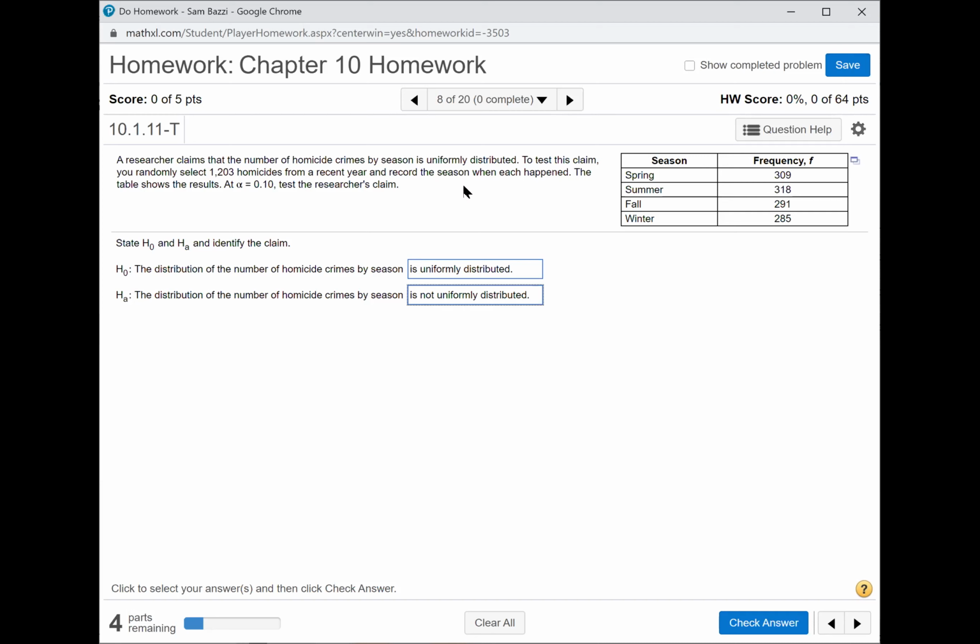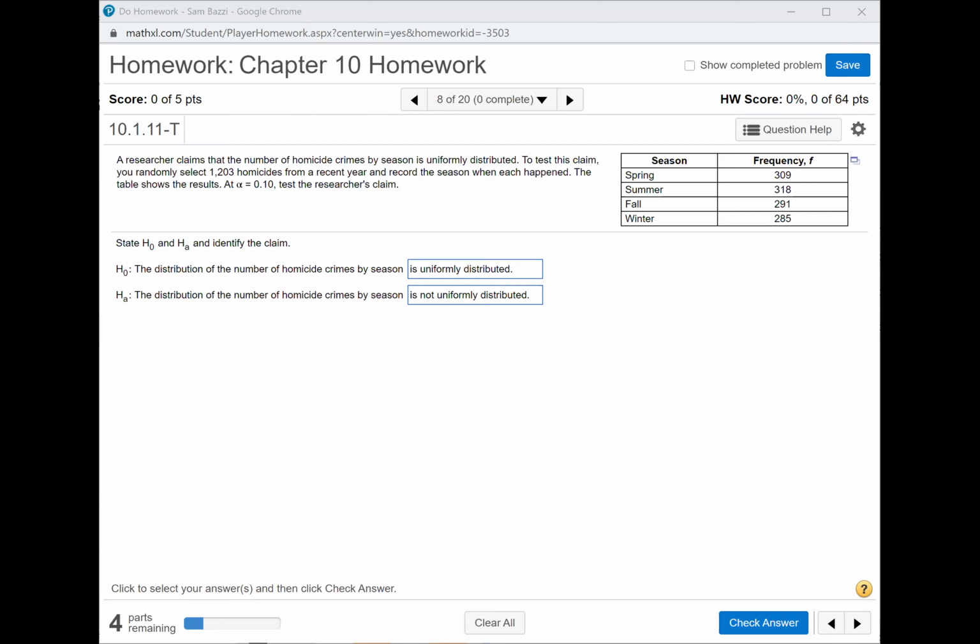So when it comes to uniform, guys, this is how you state the null and the alternative hypothesis.